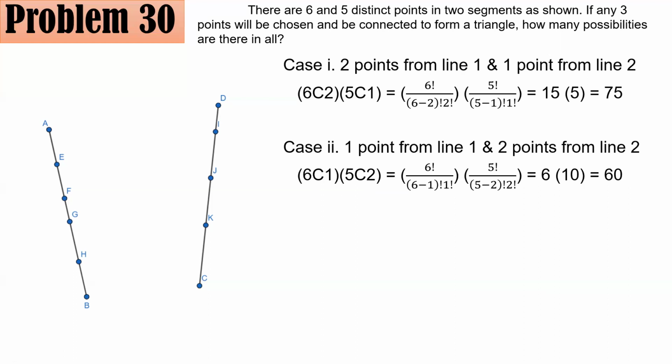By the fundamental counting principle, 6 times 10, 60. And since we have two different cases, we have to add these. So there are 75 plus 60 or 135 triangles in all.